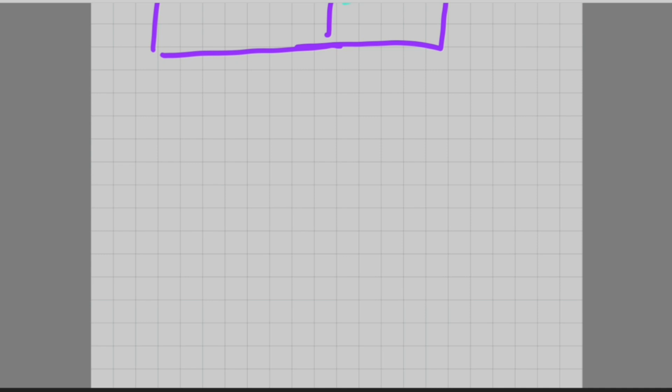We all know about the current divider rule. The current in this 4 ohm resistor will be equal to the total current into the resistance of the other arm, divided by the total resistance.